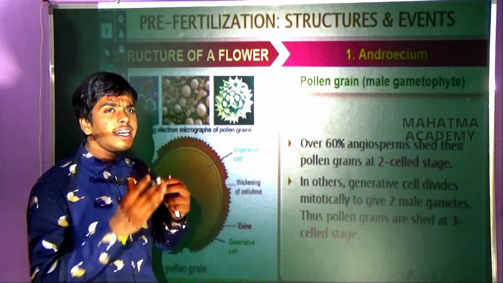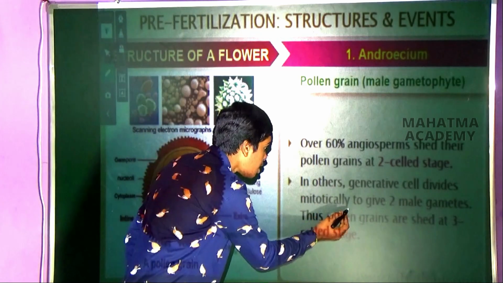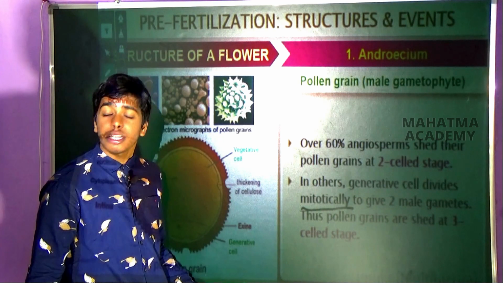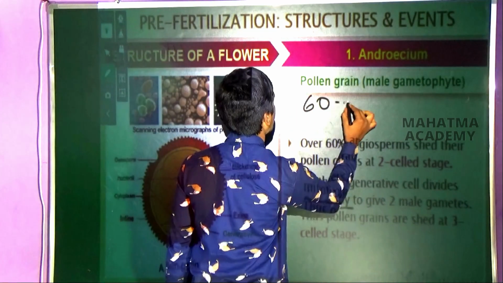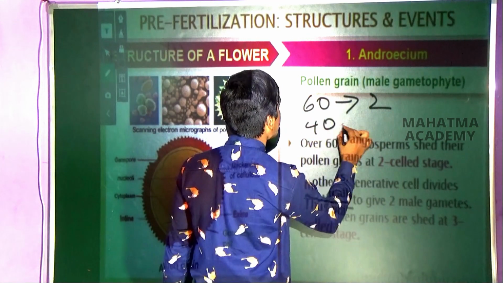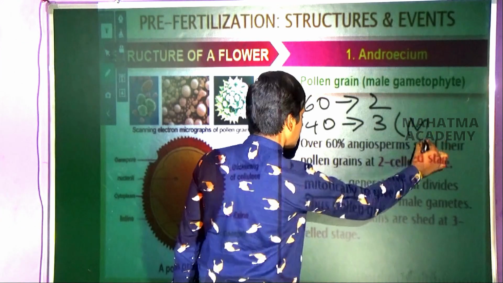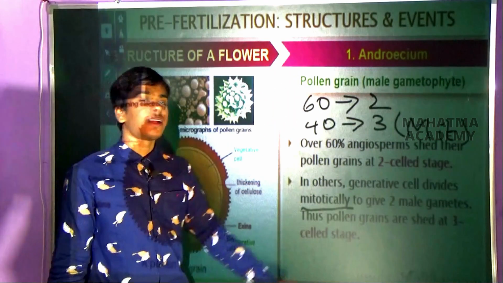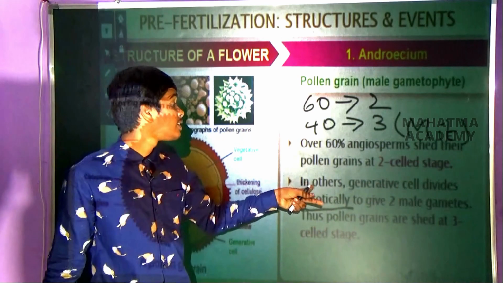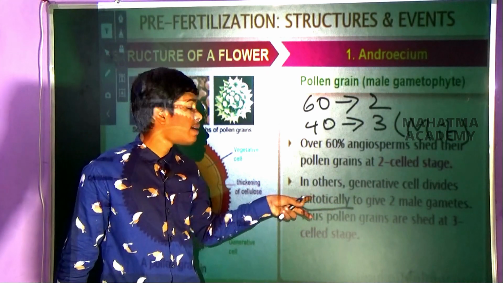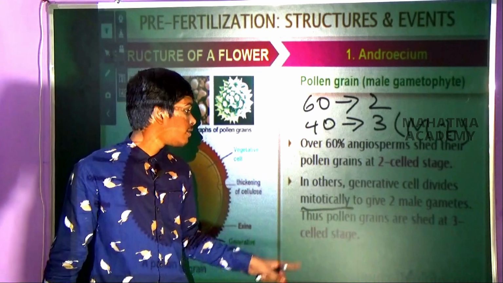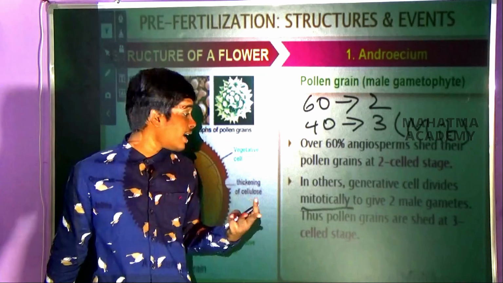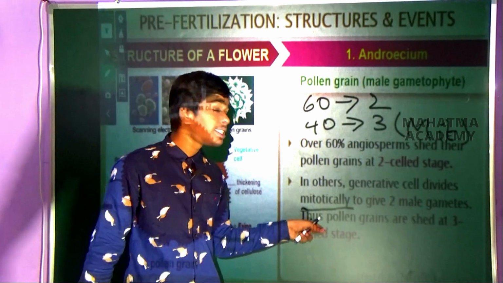In others, the generative cell divides mitotically to give two male gametes, so pollen grains are shed at the three cell stage. 60% are shed at the two cell stage, while the remaining 40% are shed at the three cell stage after mitosis.